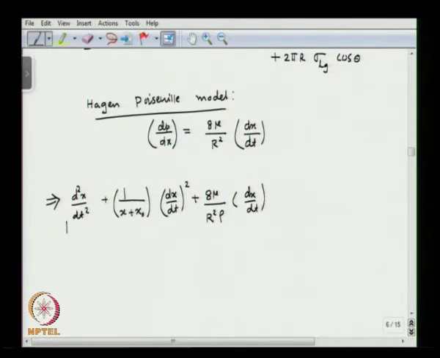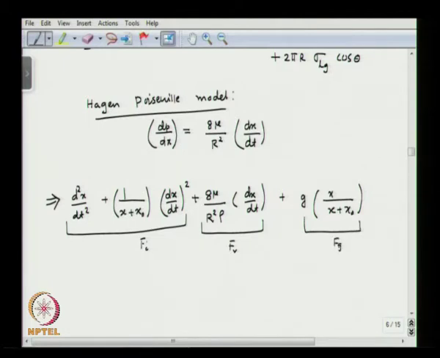So, this is the inertia term and this is the viscous term, plus g into x divided by x plus x 0, and this is the gravitational force term, which will be equal to 2 sigma Lg cos theta divided by rho r into 1 over x plus x 0.